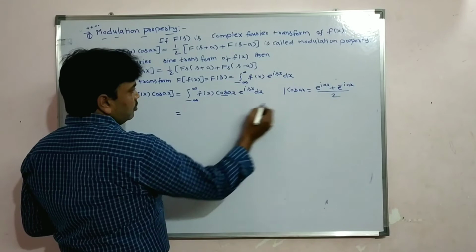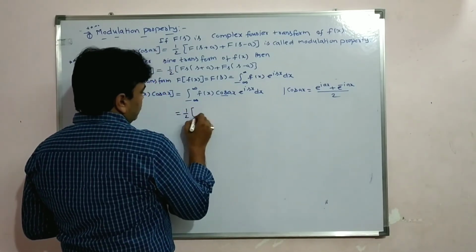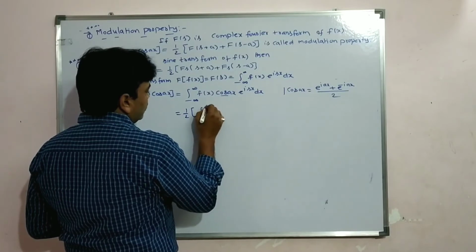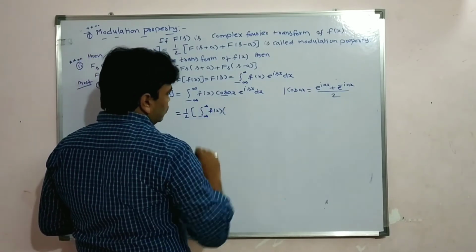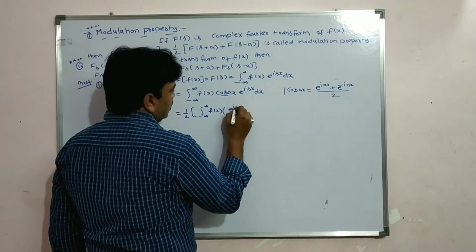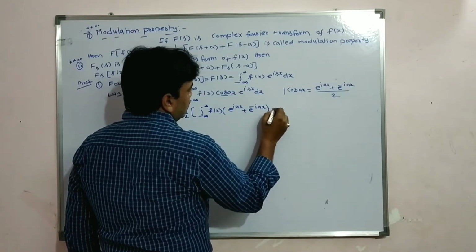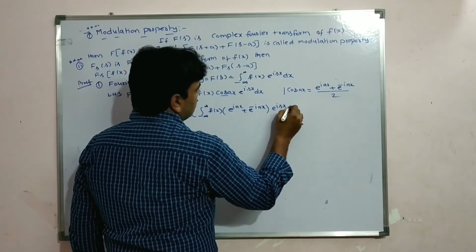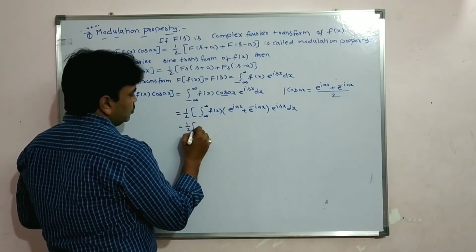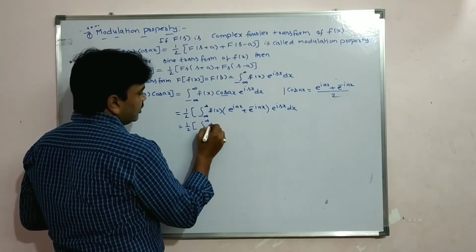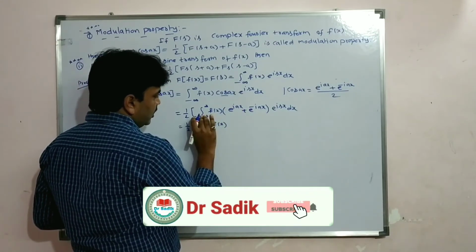So that is equal to 1/2, staying outside, the integral from minus infinity to infinity of f(x) into (e^{iax} + e^{-iax}) into e^{isx} dx. Apply integration on both terms.